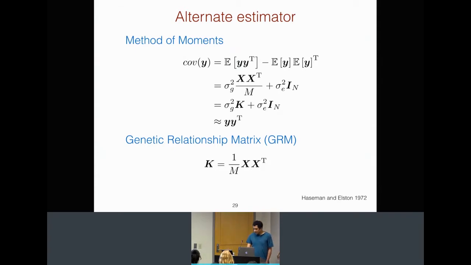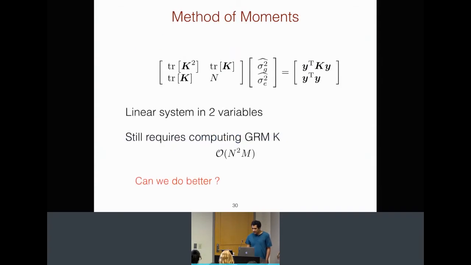Now you can actually solve this problem, and it turns out it has an analytical solution. It's called a method of moments estimator. Solving it involves solving a set of two equations in two variables. This is a linear system, so we can solve it analytically.